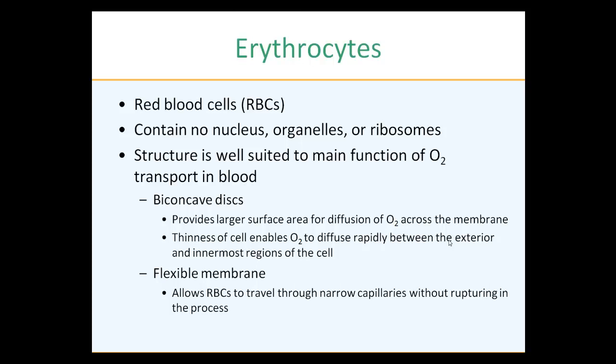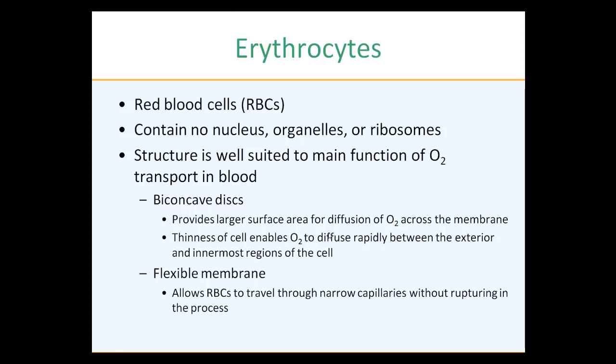And its structure is very well suited to carry oxygen. It's shaped as a biconcave disc. That means it provides a very large surface area for the diffusion of oxygen and carbon dioxide, and it's a very thin cell, and that enables the oxygen to diffuse rapidly between the exterior and the innermost regions in the cell.